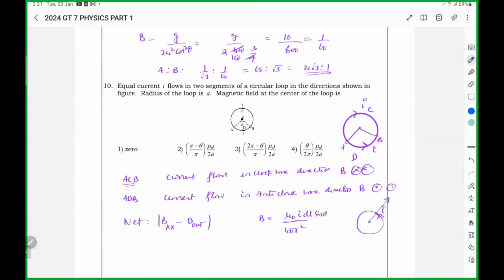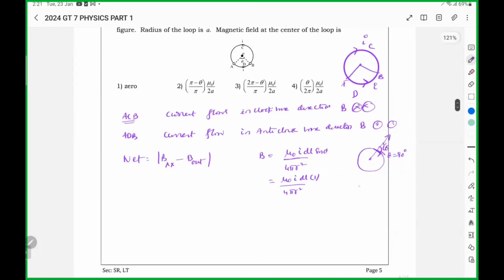R is this, dl is this. That theta is 90. So in case of a circular coil, theta is 90, by 4 pi r square. If it is a total circle, integral dl will be the circumference. But he said just an arc, integral dl for one path is this. For the AB path, arc length is r theta.